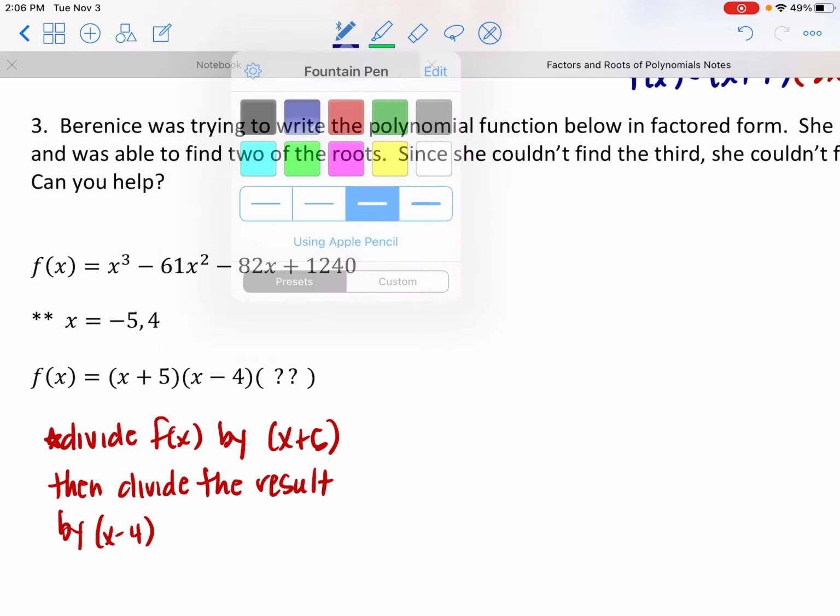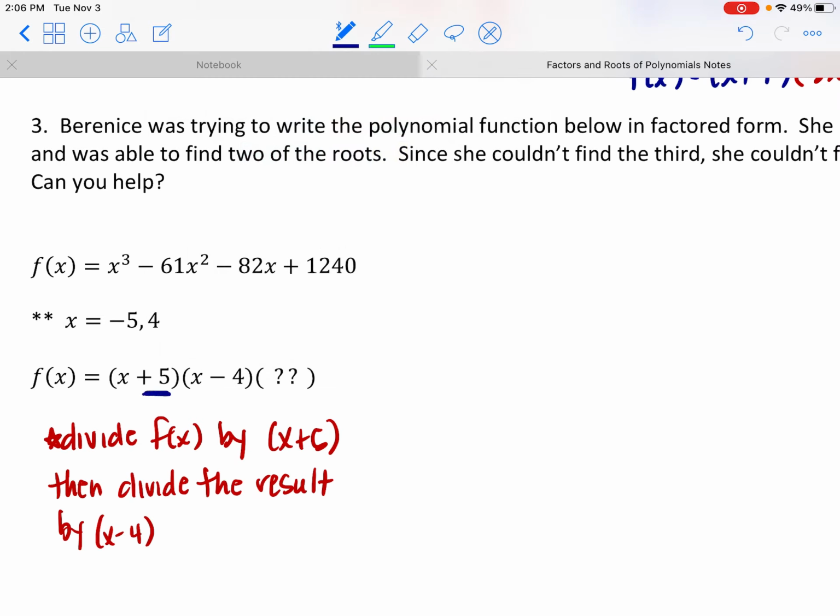So we're going to start by putting a negative 5, the opposite of this number, outside of our division box. That is going to be upside down for synthetic division. And then we're going to put in our coefficient of 1, and then negative 61, negative 82, and then 1,240.